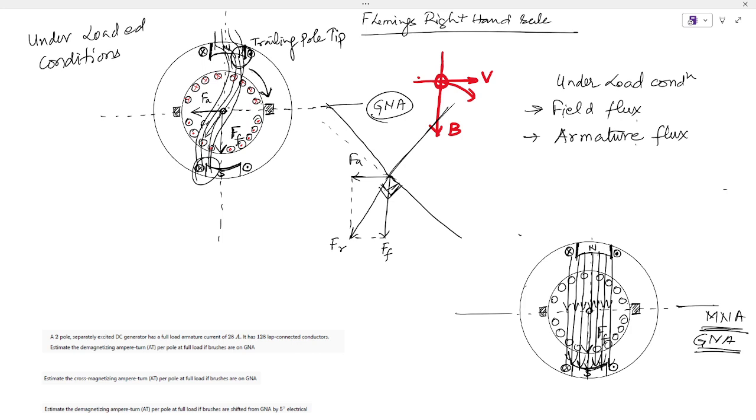Now under load conditions, the direction of the field flux, resultant flux and armature flux has changed.